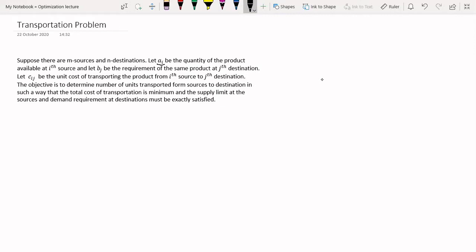The amount available at sources must be supplied to the amount required at destinations. So the total amount available at sources should be equal to the total amount required at the destinations. So from i equal to 1, because you have M sources and N destinations. This will be one additional assumption we take care of.